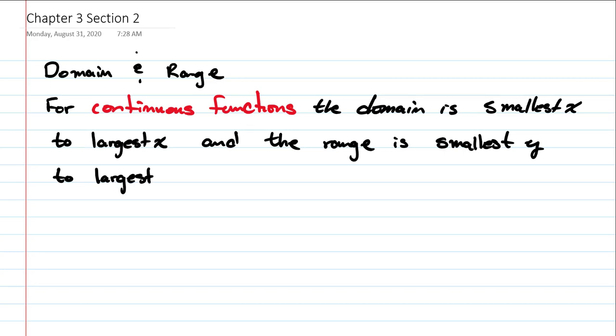And we're using x and y for our domain and range values, so the x's are our inputs and the y's are our outputs. So the key thing here is a continuous function.